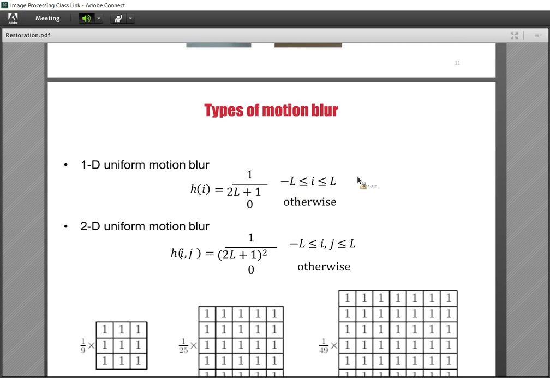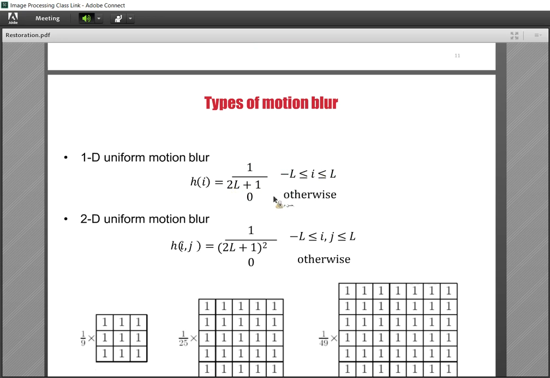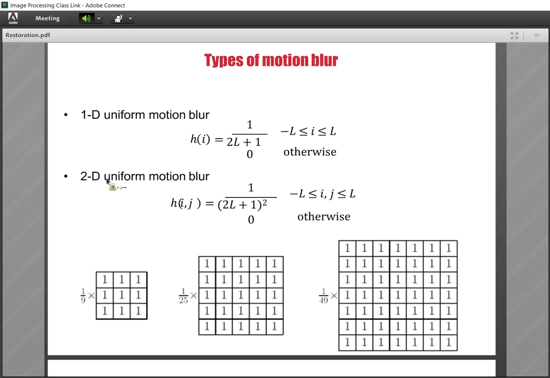Why? Because this duration is 2L+1, and this duration multiplied by this weight is 1. This is a normalized system response.